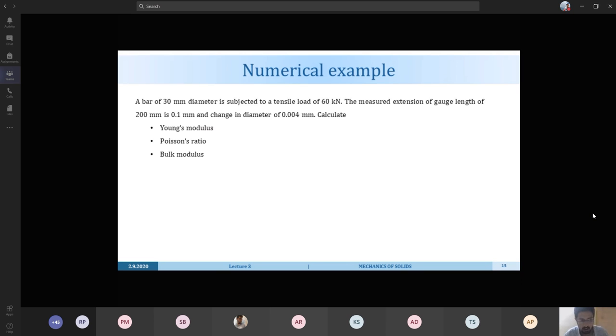Satyajit, did you get the question? Maybe you just tell me the notations which we are using, then we can start the question.